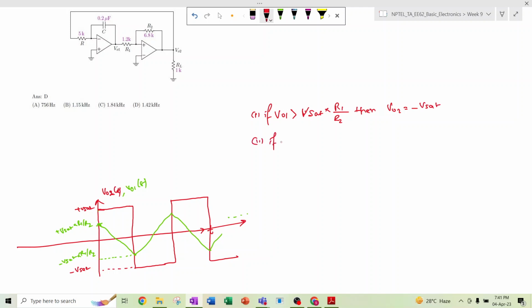Second equation: if VO1 is less than minus Vsat into R1 by R2, then VO2 is plus Vsat.